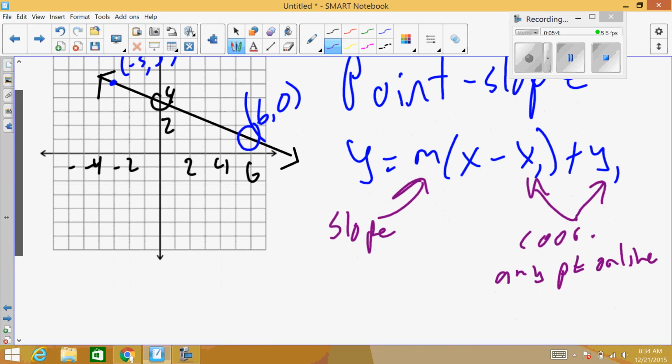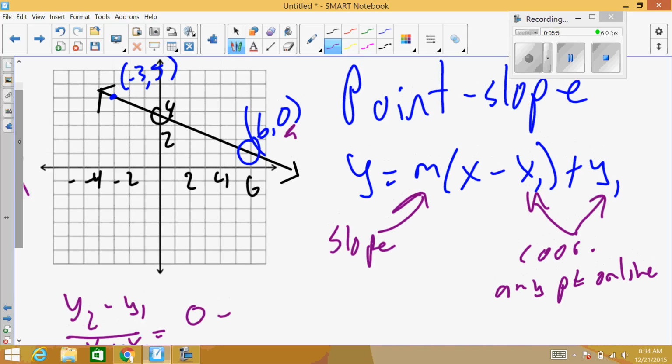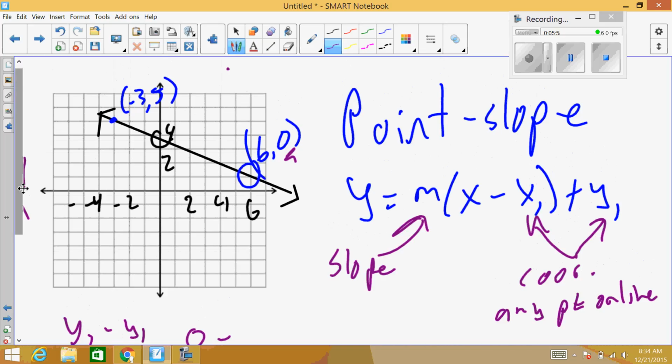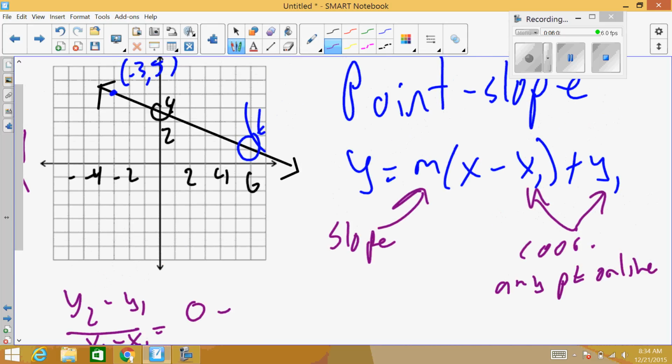First thing we need to do is find the slope. So y2 minus y1 over x2 minus x1 looks like 0 minus 5. I'm sorry, that's not (6, 0), that's (6, 1). What was I thinking?